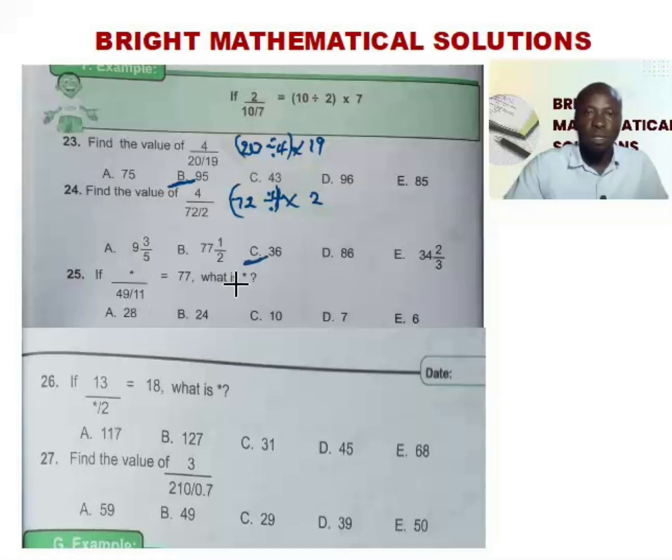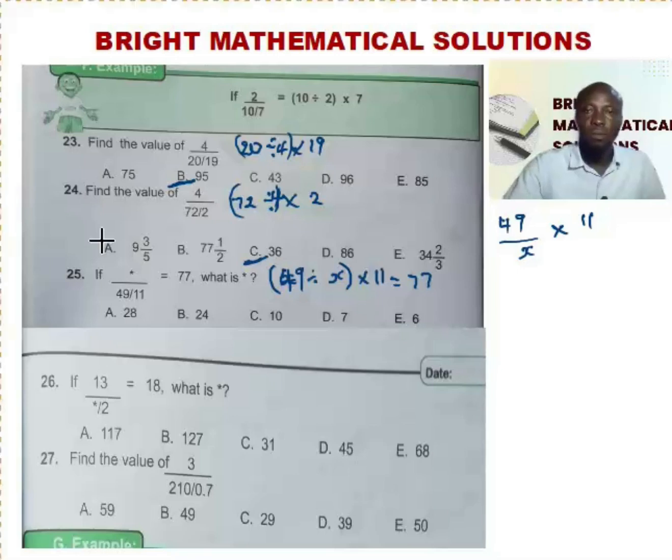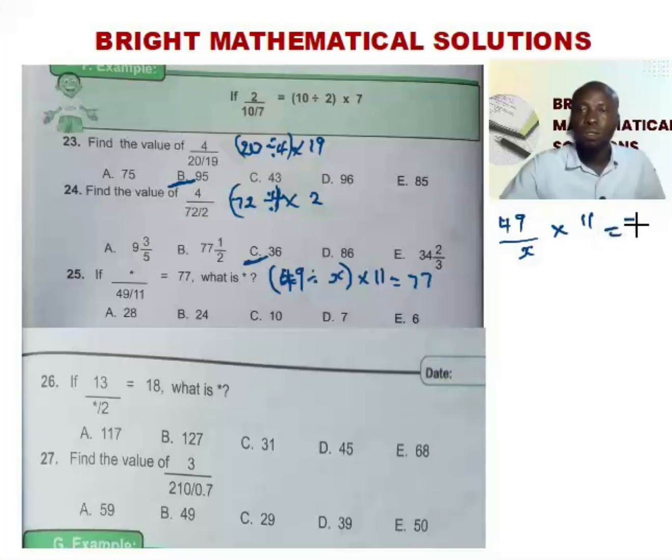For the next one, they asked what is this unknown? Remember, this is x, this is 49, divided by x multiplied by 11. They said it gives us 77. So let us rewrite this expression as 49 divided by x, multiplied by 11, equals 77.